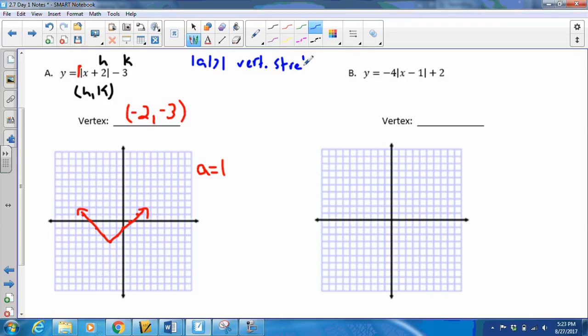So that's when your graph is getting more narrow. Now, if the absolute value of A is less than 1, so that really just means like 1/2, 1/3, 2/5, anything like that, we would call that a vertical shrink.